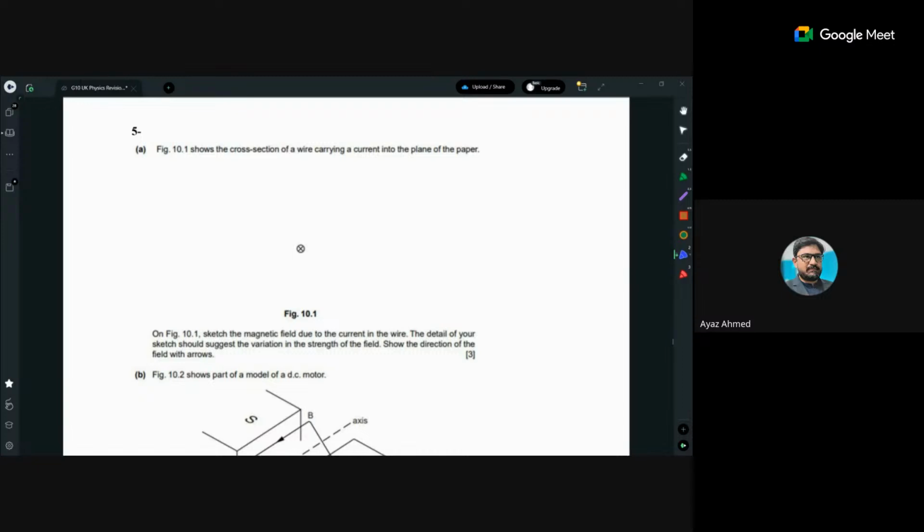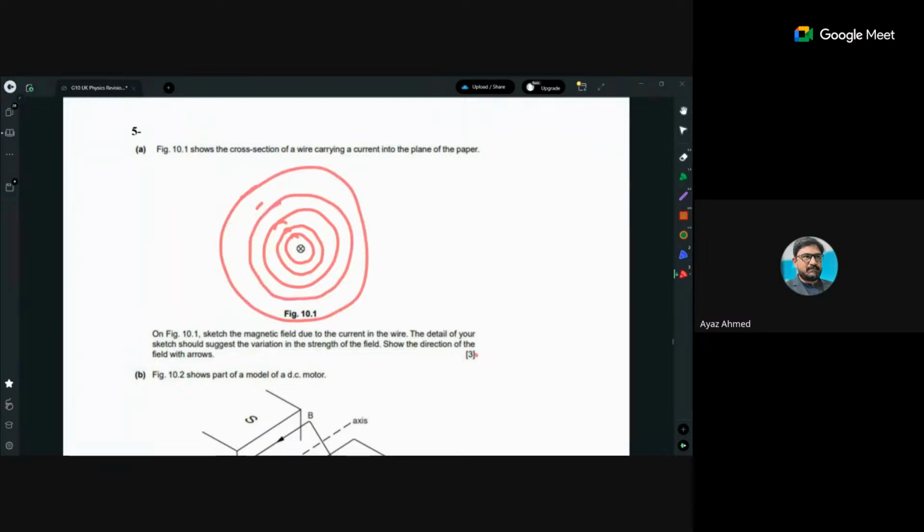So when this current is into the page, it is a cross. For the cross, I told you that clockwise circles would be there. And because it is of 3 marks, you have to draw the circles closer near the wire and more separated outside. Concentric circles should be there. And then the direction of the circles should be clockwise, cross clockwise.